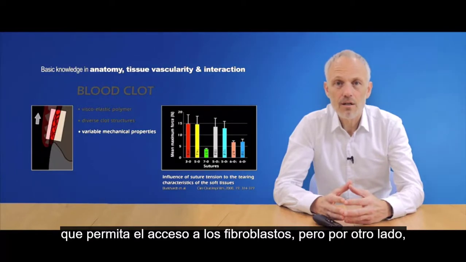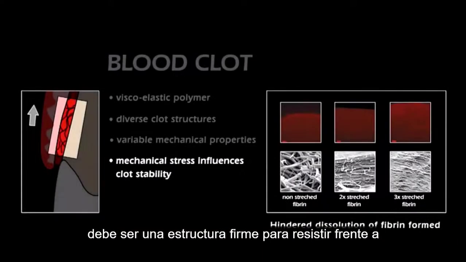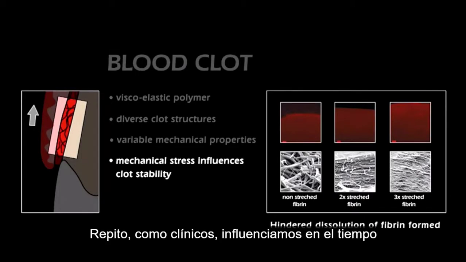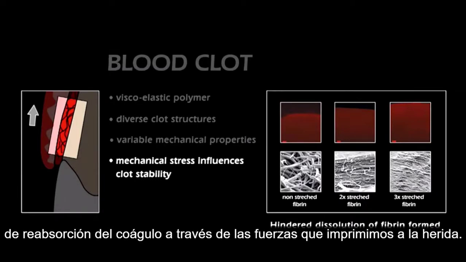On the other hand, it must be a firm structure to resist the forces that are applied. So again, as clinicians, we influence the resorption time of the clot by the forces brought to the wound.